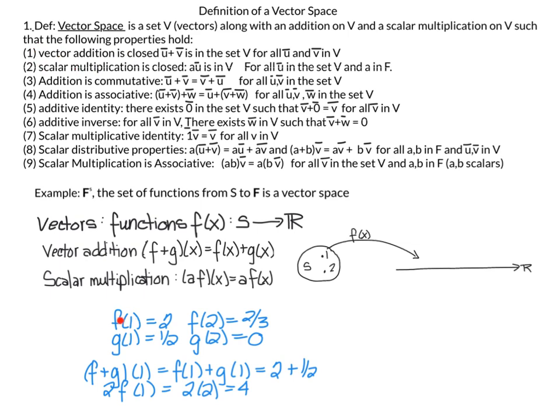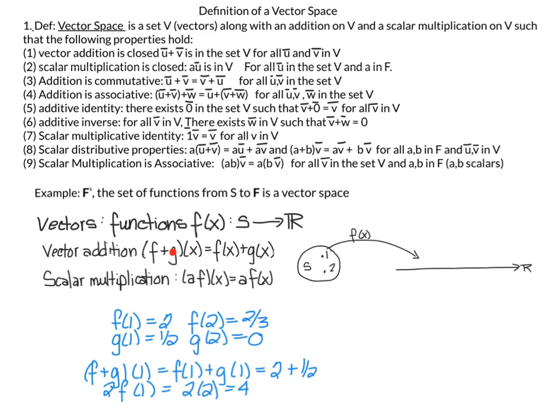So I have a function f that maps the number 1 from S to the number 2 on the real number line, and f maps 2 from S also to the number 2/3 on the real number line. Similarly, I've defined a function g. First, it maps the number 1 to the number 1/2 on the real number line, and it maps this element 2 to the number 0 on the real number line.